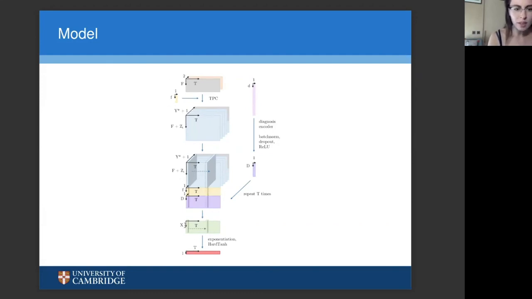And then we make the final prediction. So we do another pointwise operator here, again taking everything that we know at a set point in time, which might be what the patient's diagnoses are, what the age of the patient is, gender, and all of the time series after they've been processed. And then we get a final prediction.